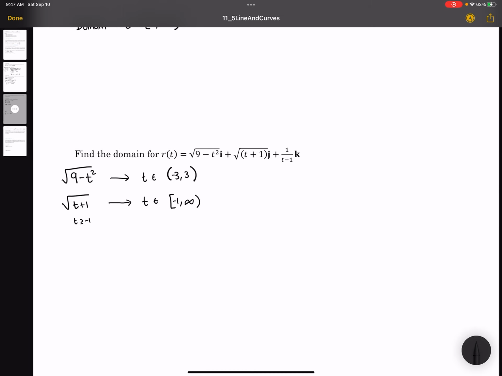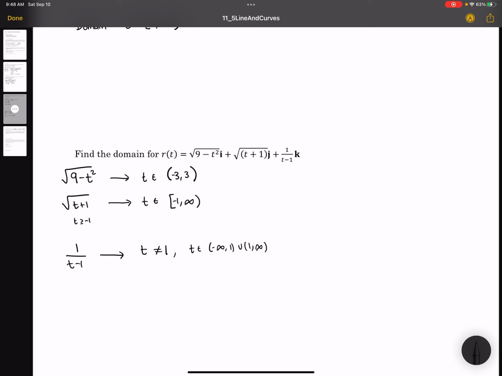And for our last one, we have the component 1 over t minus 1, which is going to imply that t just can't be 1, which is the same as saying t is anything from -infinity to 1 union 1 to infinity.